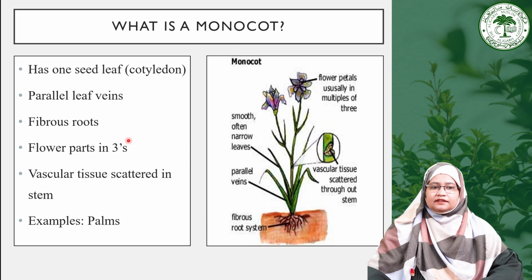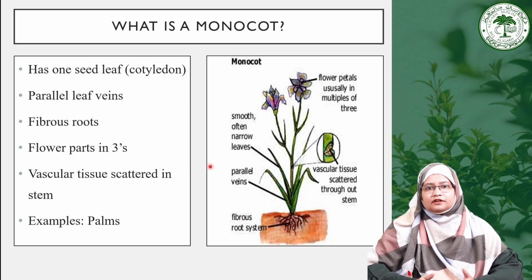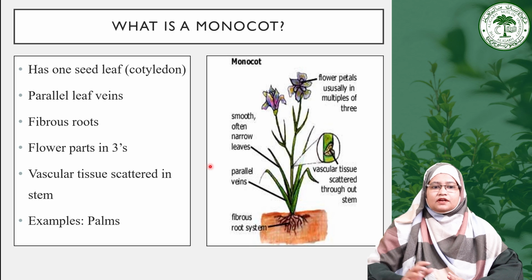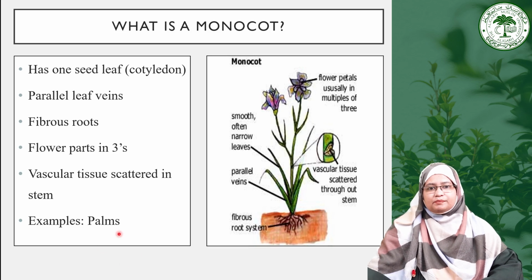The most important thing is that the flower parts are arranged in a trimerous structure, that means petals and stamens are generally present in multiples of 3. The vascular bundles in the stem are scattered in the ground tissue, with no ring arrangement. An example is the palms.